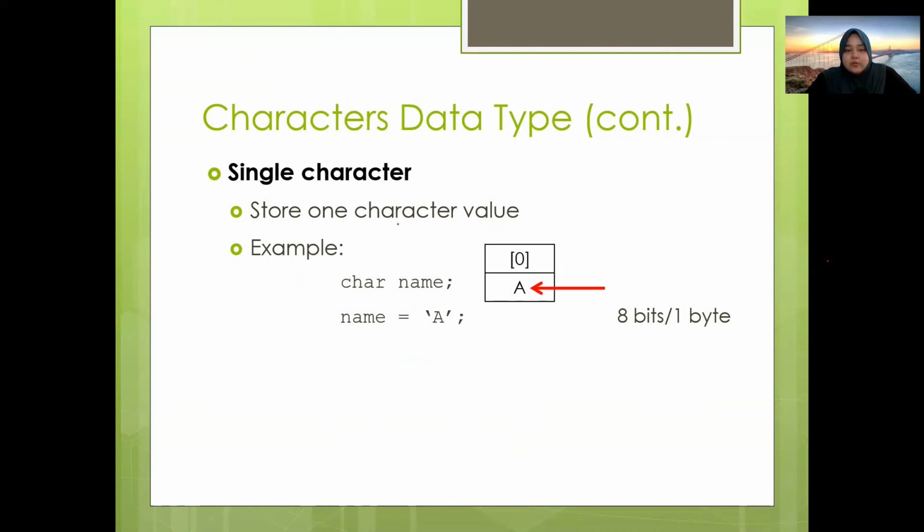Example, kalau we declare it as the char name, maksudnya dia boleh simpan satu alfabet saja. So maksudnya dia boleh simpan A. Dan kalau awak nak masukkan nilai dia, you kena enclosekan dengan single quotation. Kalau you jumpa single quotation, maksud tu adalah jenis single character.